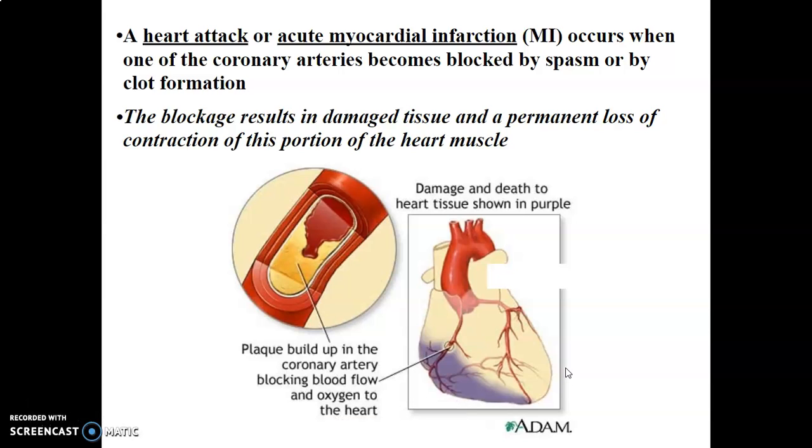So the heart tissue that's used to pump all the blood through our body starts to die. It's kind of an interesting conundrum: the coronary arteries get blocked, so the heart can't do its job. So anyway, that's what a heart attack is when the coronary arteries get blocked.